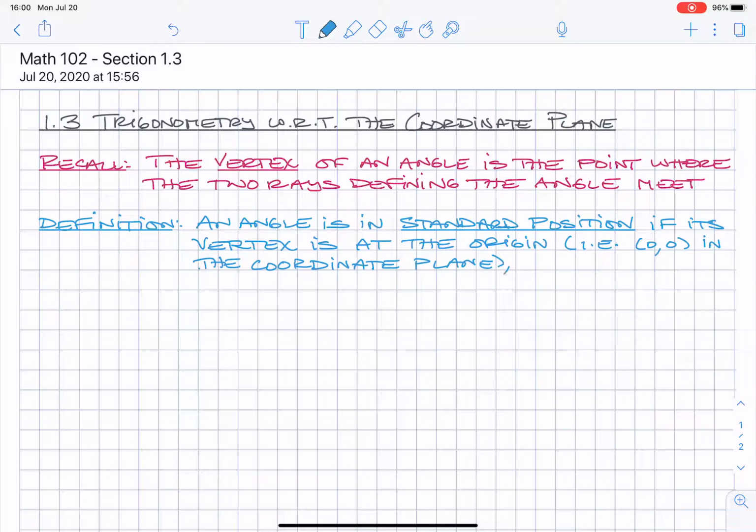And its initial side is flush with the positive x-axis.